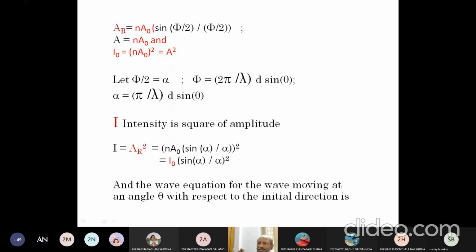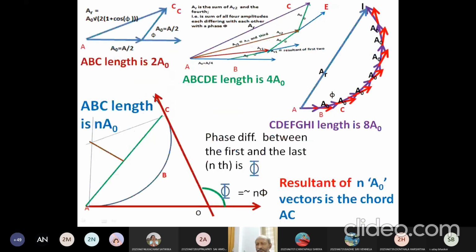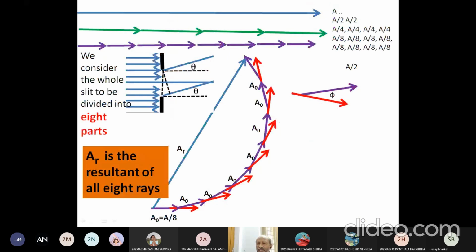Now what is theta? Do you remember what theta is? Theta is the angle in which the light rays are propagating with respect to the original direction.